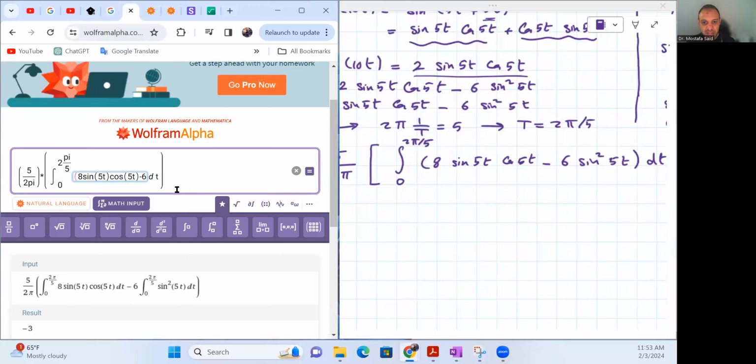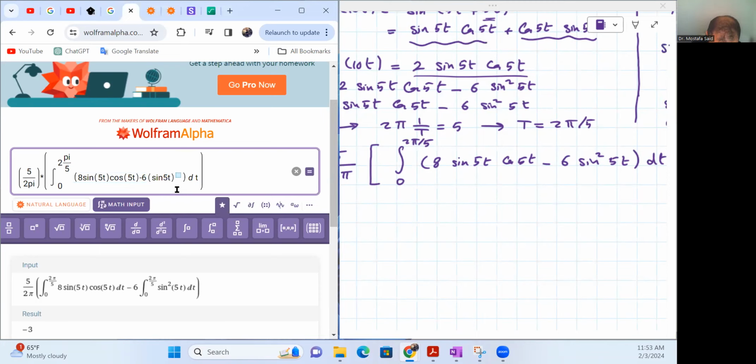Sine square theta is equal to sine theta all squared, right? We're going to write it in that way to avoid any confusion. So sine square 5t is sine 5t, then the whole thing. Press shift and number 6.